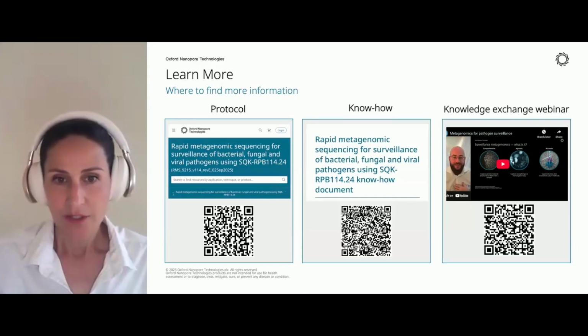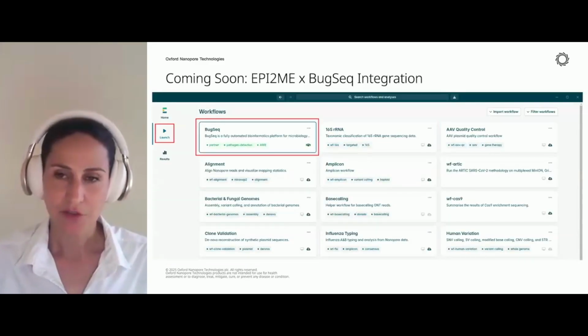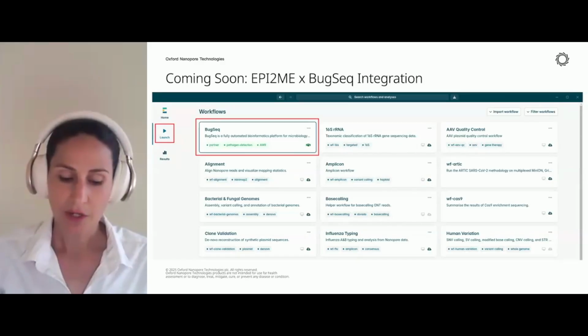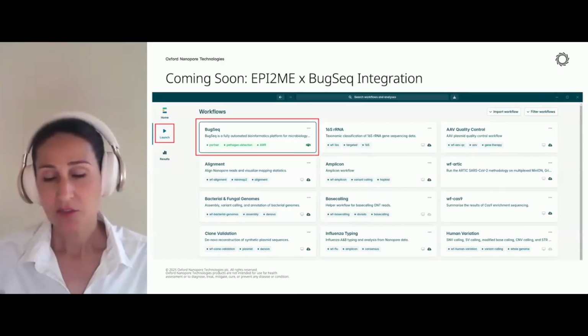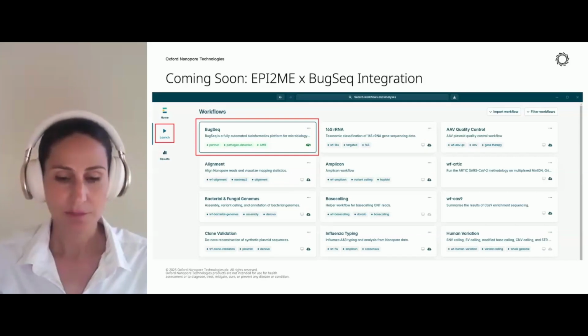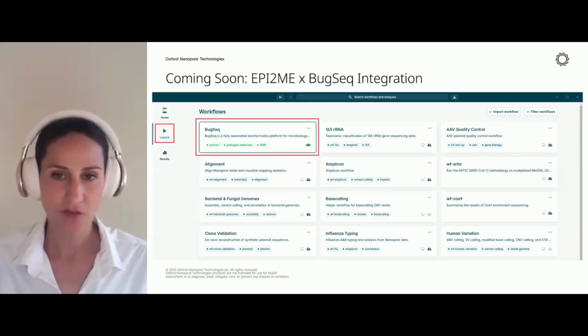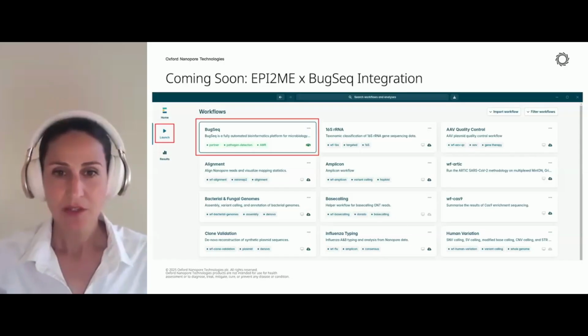And then one more exciting announcement before I turn you over to our speakers. Although you can use our metagenomics workflow in our Epitome software, this uses publicly available databases to find your specific pathogens or find out what's in your sample.